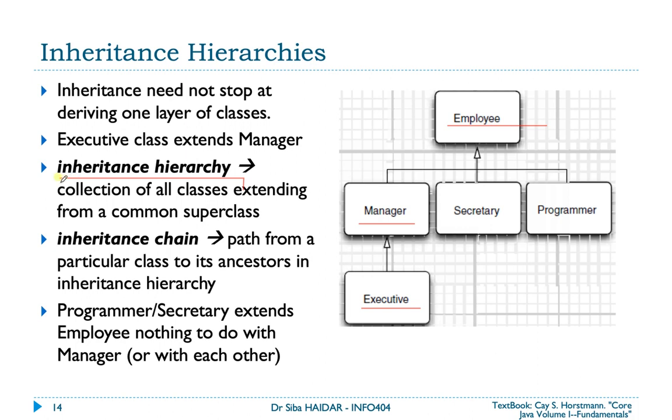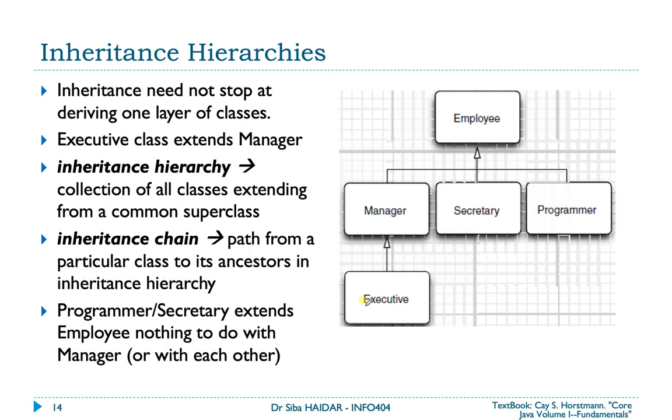What is inheritance hierarchy? It is the collection of all classes extending from a common superclass. So the employee, the manager, secretary, programmer, executive are all called inheritance hierarchy. What is an inheritance chain then? An inheritance chain is the path from a particular class to its ancestors in the inheritance hierarchy.